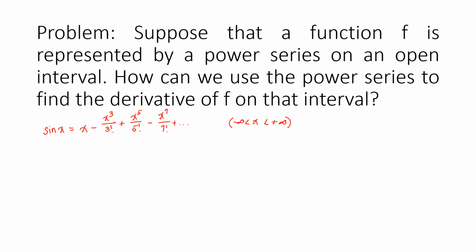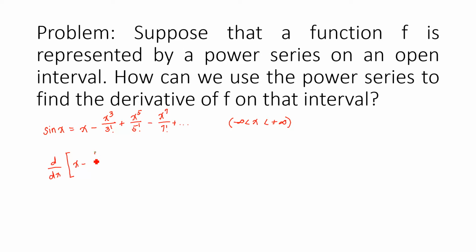Remember that in the previous example, sine x is equal to x minus x cubed over 3 factorial plus x to the fifth over 5 factorial minus x to 7 over 7 factorial plus so on. Now we are going to differentiate that.